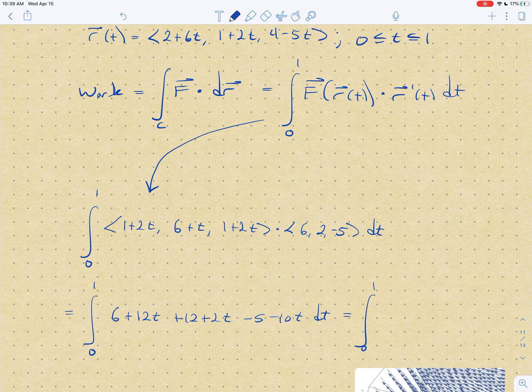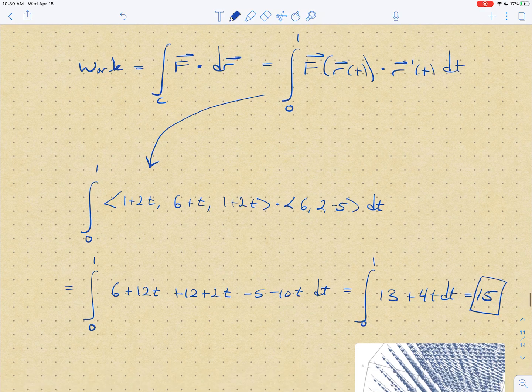We might as well combine: 6 and 12 is 18, minus 5 is 13. 12 and 2 is 14, minus 10 is plus 4t. When I worked this out, I came up with 15. I'm going to hope that I did all my algebra and arithmetic right, and you should be able to work out 15 from there.